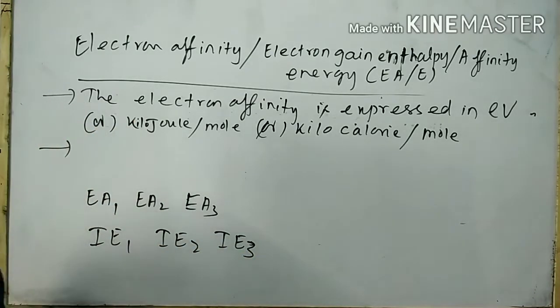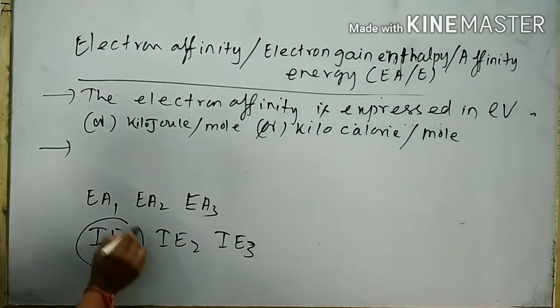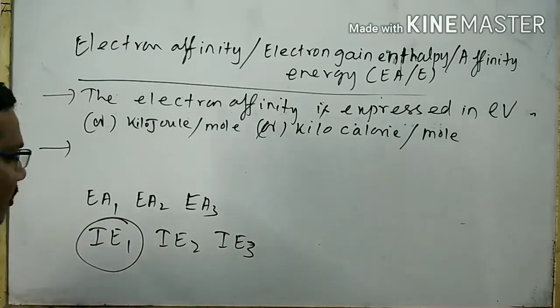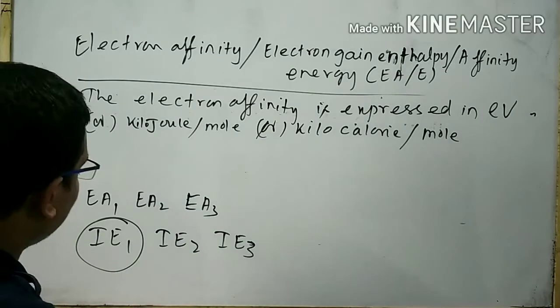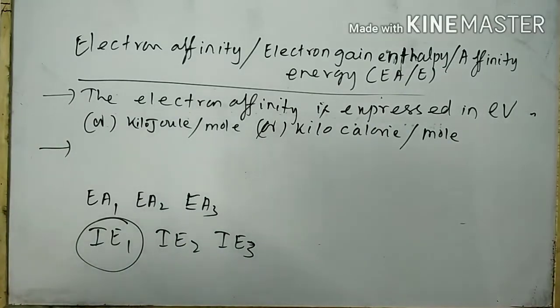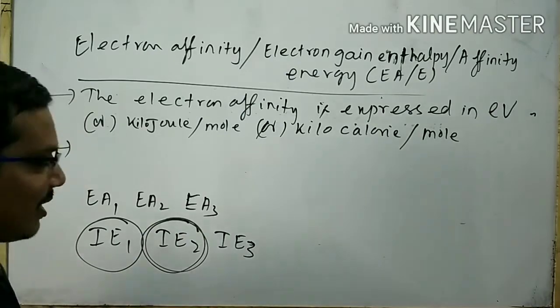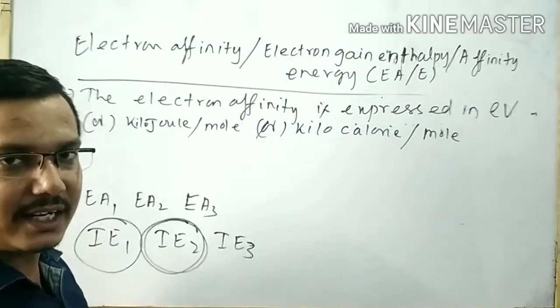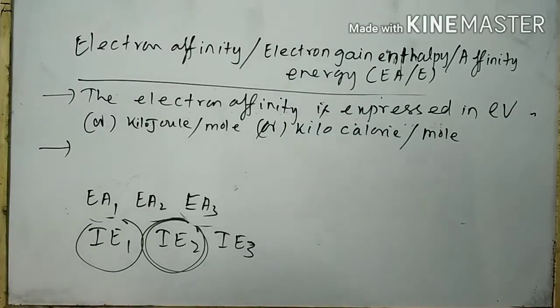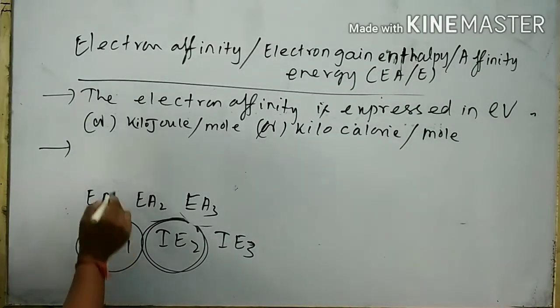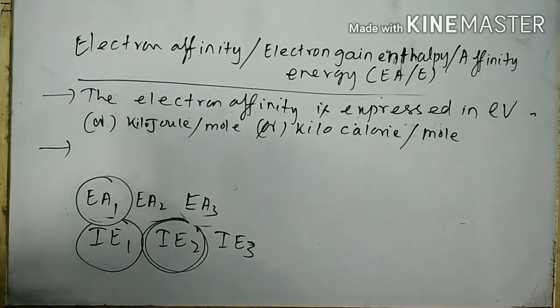I1 corresponds to the first ionization energy, which is required to remove the first electron from the valence cell. I2 corresponds to the second ionization energy, which corresponds to removal of the second electron from the valence cell. Like that, we can also think about EA1.